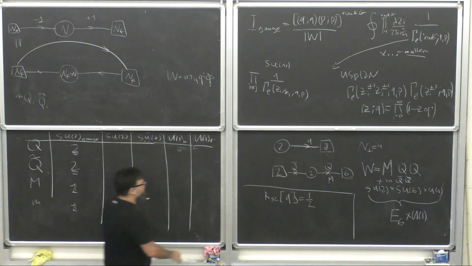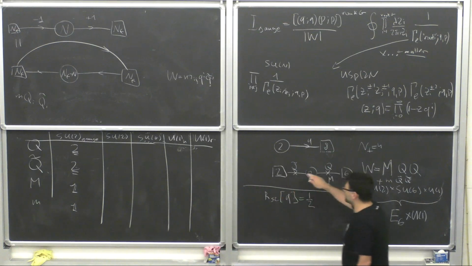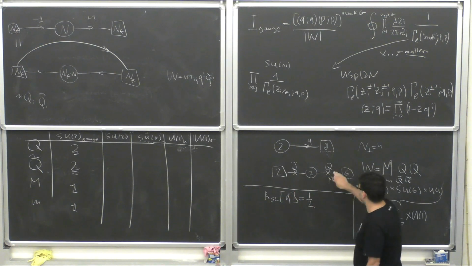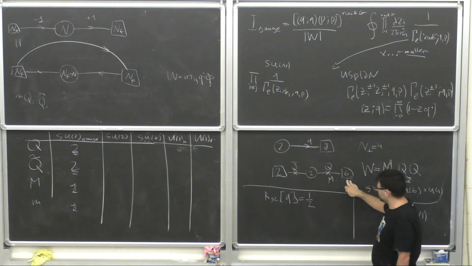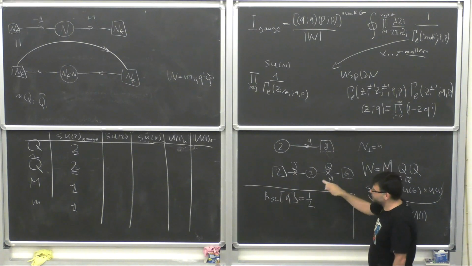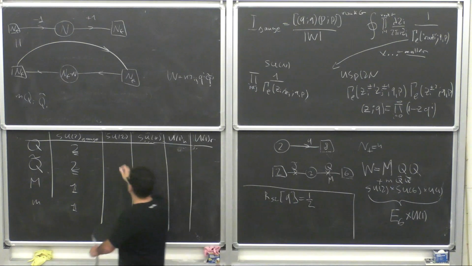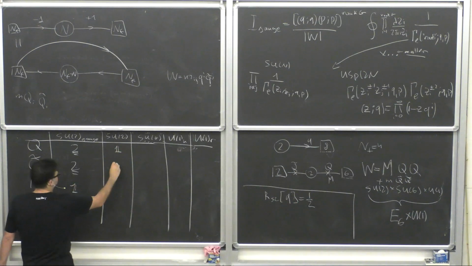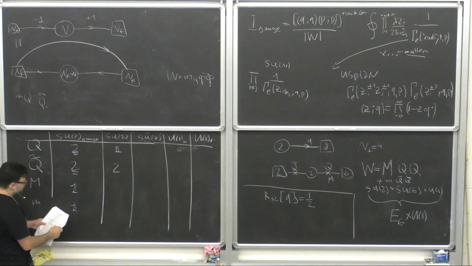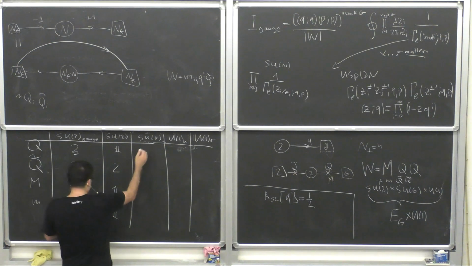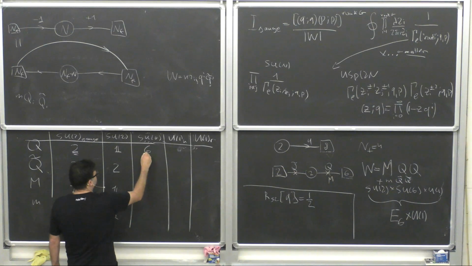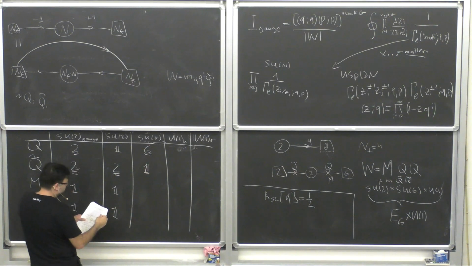Then how are these fields transforming under the global symmetries? The field Q doesn't transform under this SU2, but it transforms under this SU6, and vice versa for the other. So Q is a singlet under this SU2, Q tilde is a doublet under this SU2, and this field is a singlet under everything. This field is in a 6-dimensional representation of this.